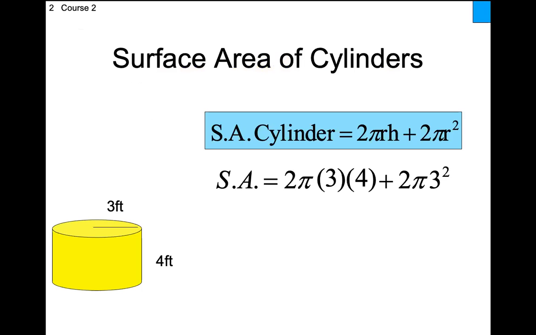Notice multiplication is commutative. We can multiply this in any order we want. If you multiply 2 times 3.14, you start off with a decimal, and then all the rest of your calculations involve a decimal. If instead we multiply 2 times 3 times 4, 2 times 3 is 6 times 4 is 24 pi, and we already said 3 squared was 9 times 2 is 18 pi.